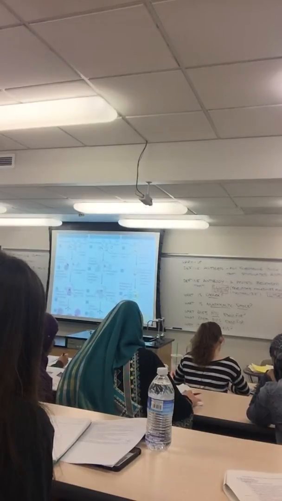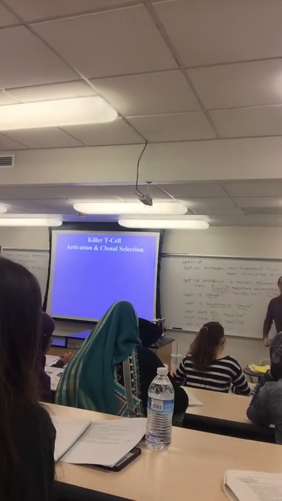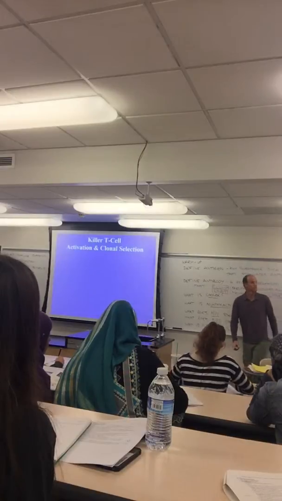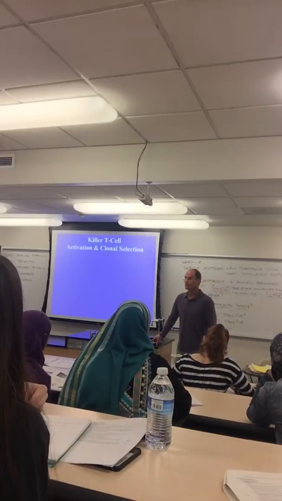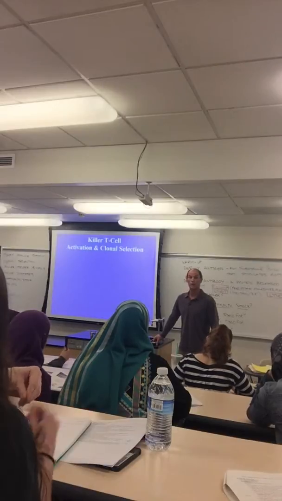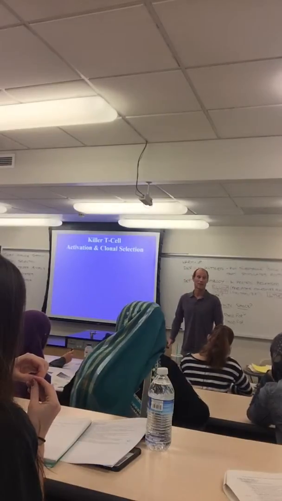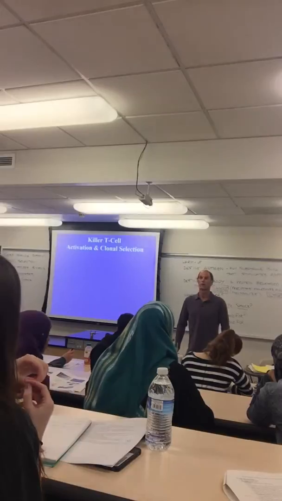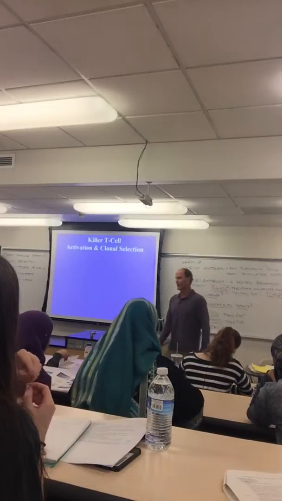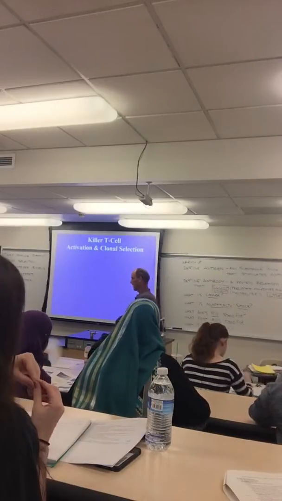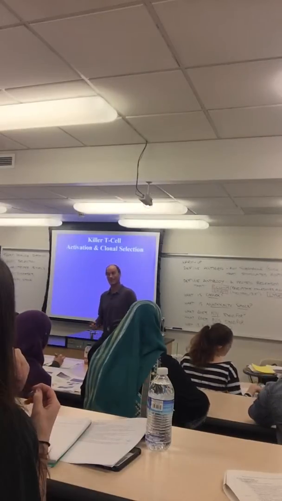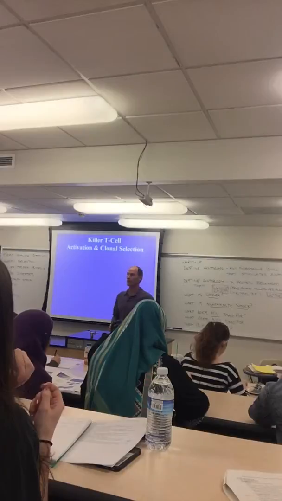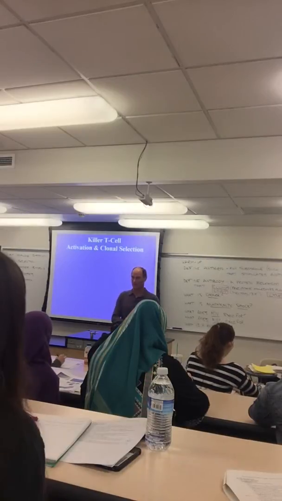All right, so if we look at killer T cell. What's another word for killer? Another word used by the book that means killer. Cytotoxic. What is cyto? Cell. Toxic means it's poison. It's poison to other cells. Now that doesn't sound good, but fortunately it's poisonous to the bad guy cells.